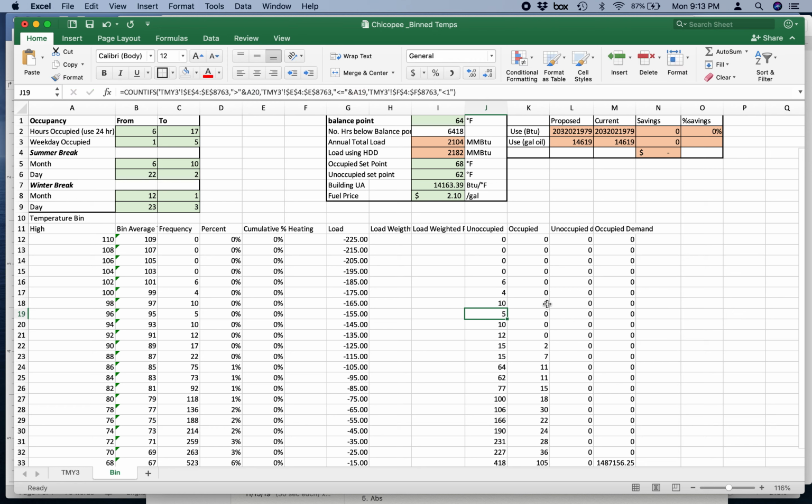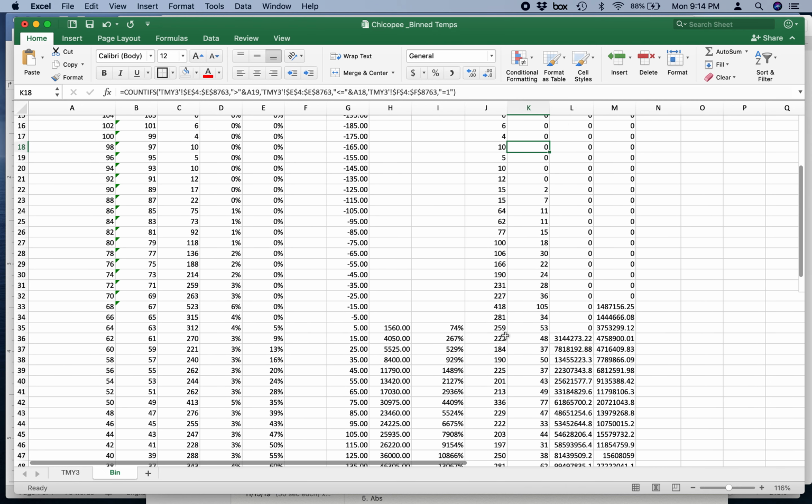And then you find that for it's unoccupied here, sure, it's unoccupied. It's the middle of summer, but there are no times when you have a 98-degree Fahrenheit temperature and the building is occupied.